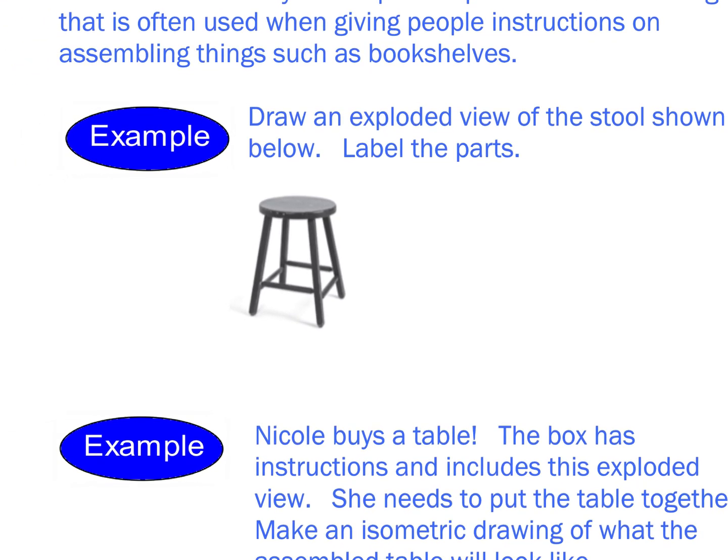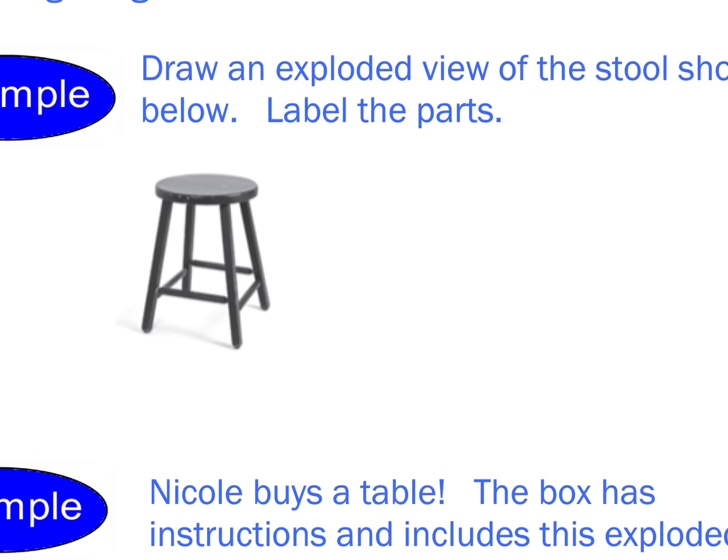So, okay, first we'll draw the seat. So we just have to draw something that kind of resembles an oval. And something like this. Okay, and I'll just call this the seat. And then we will have the four legs.